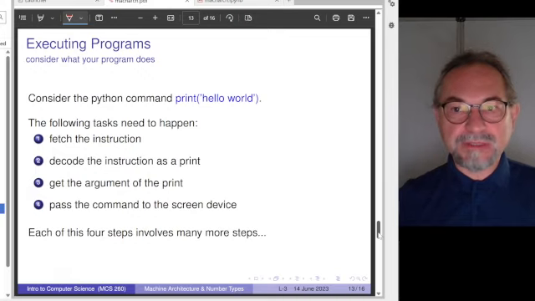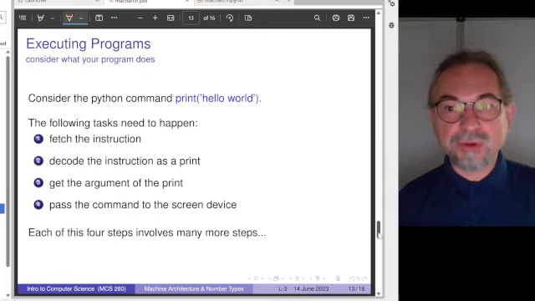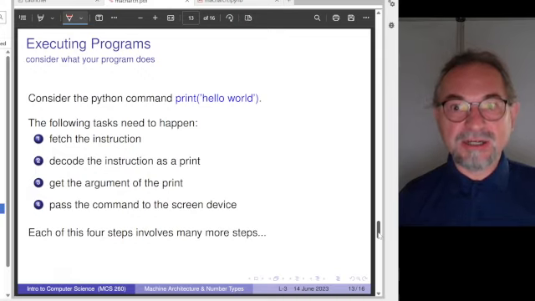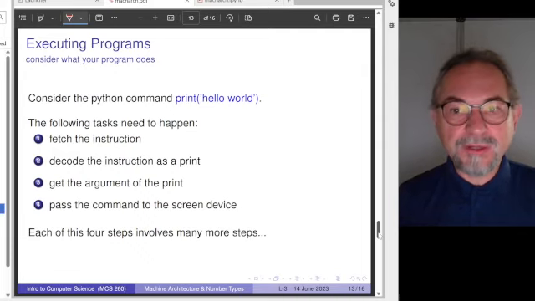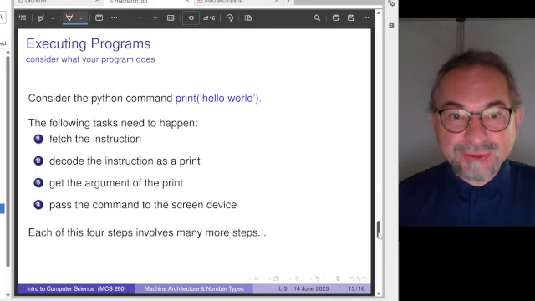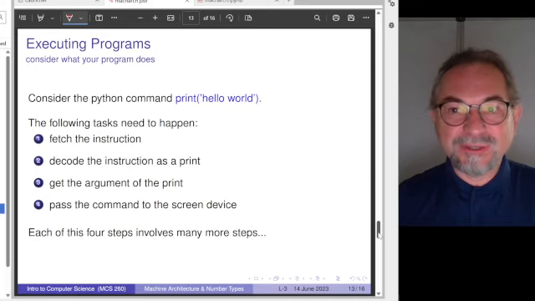So in some sense, Python is a high level language that allows us to think in the abstract. As a programmer, it's often good that you can think and reflect, consider what it is that is actually happening when you execute an instruction. So historically, a lot needed to happen for the print hello world.